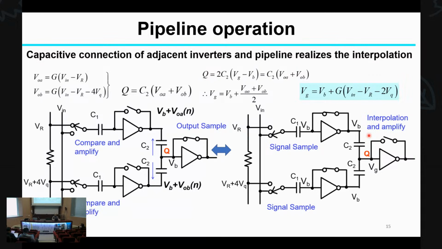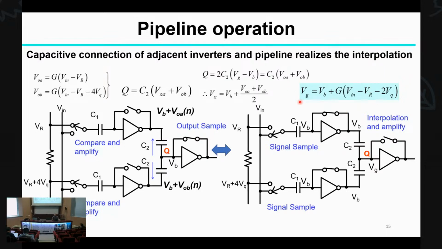So to realize this, pipeline operation is needed. Such voltage is stored here. And the next is, open the switch here and close here, and it generates a voltage. And this voltage is expressed by this formula.